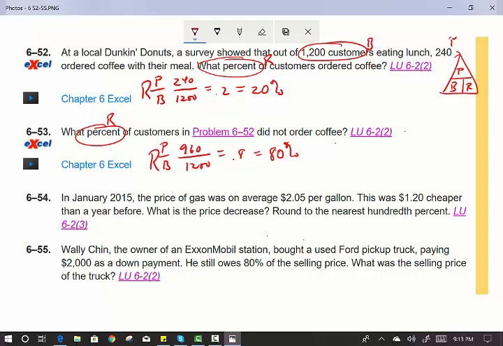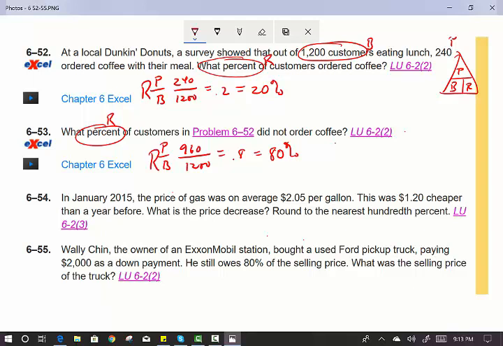Okay, number 54. In January 2015, the price of gas was on average 2.05 per gallon. This was $1.20 cheaper than the year before.